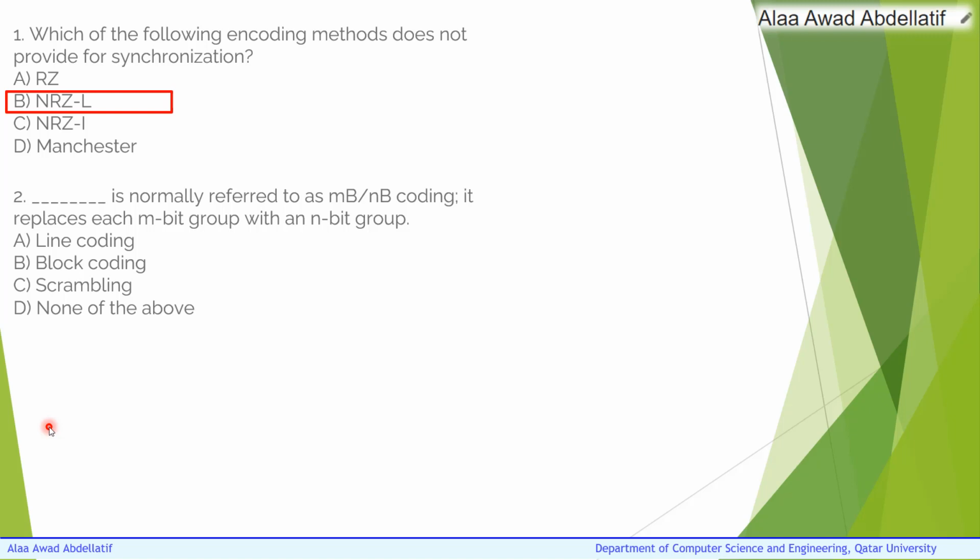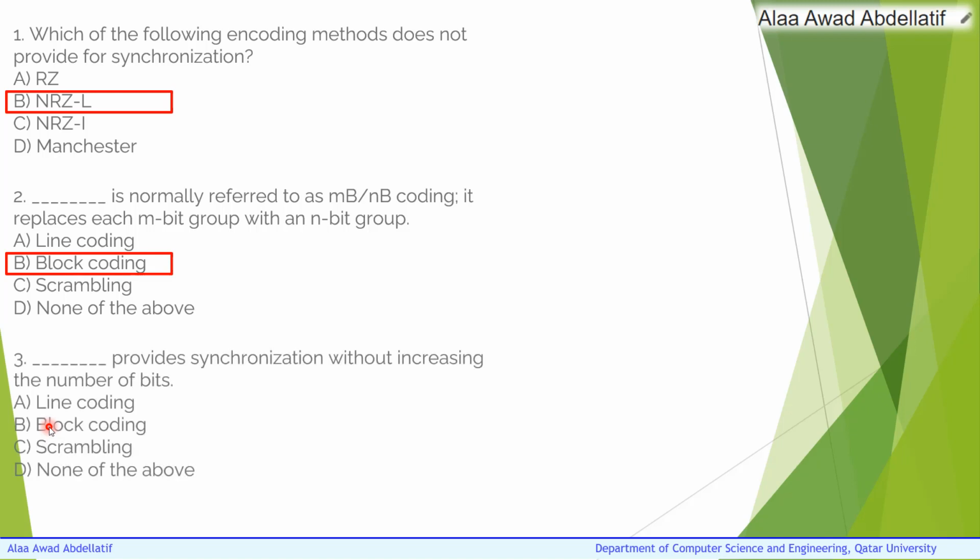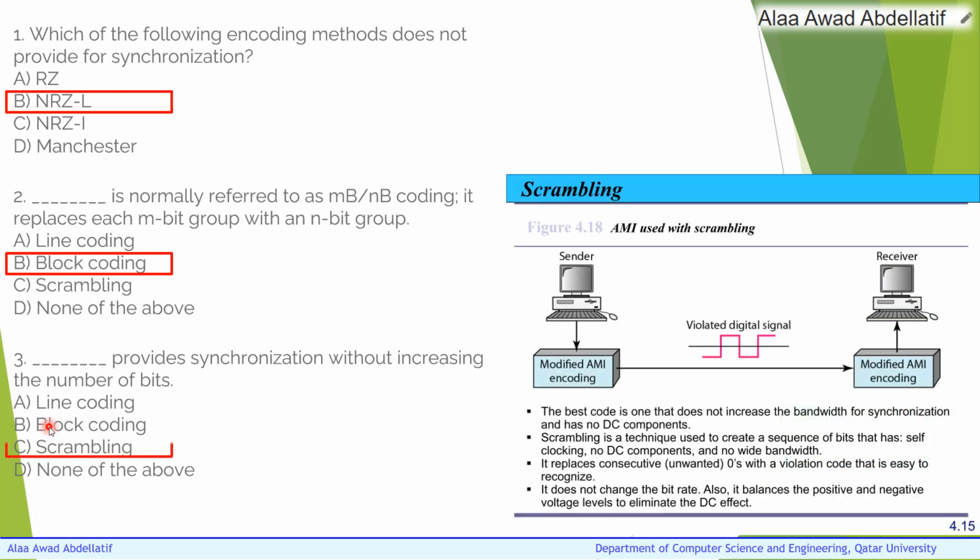Which is normally referred to as mB/nB coding, and it replaces m bits by n bits? Block coding, yes, exactly. Which provides synchronization without increasing the number of bits? Scrambling.